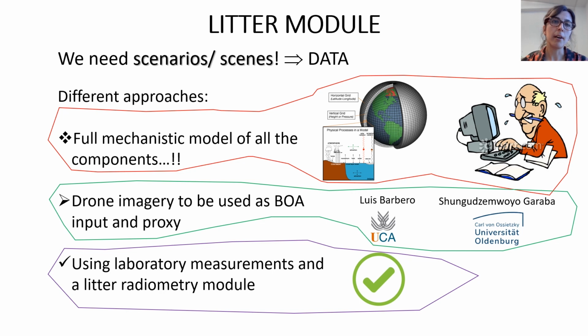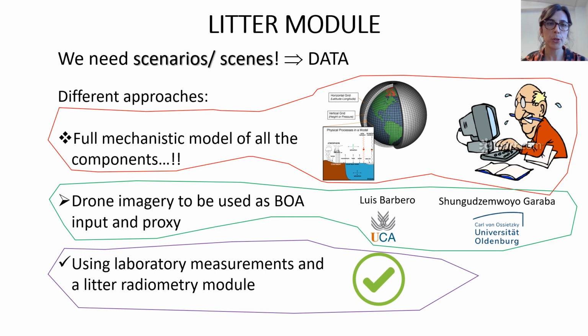The next step, after the definition of the technical requirements of ML-OPSI, was to show the utility of a tool such as this. However, when developing the litter module, we could follow three different approaches. The first one was to develop a full mechanistic model of all the components, which is a huge model, mechanistic and parametric modules, computation dynamics, so it is out of the scope.